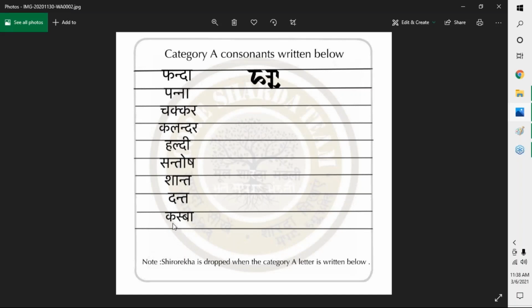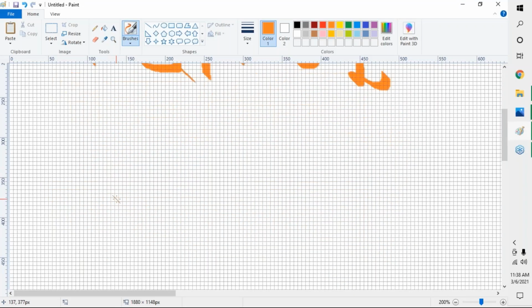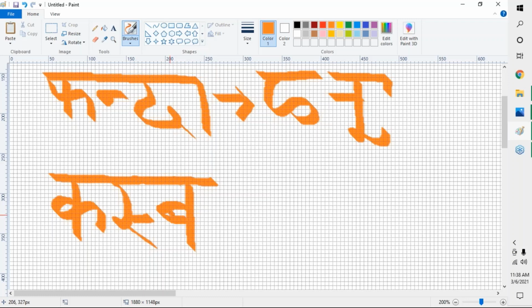Very good. This is a better example. Kasba.